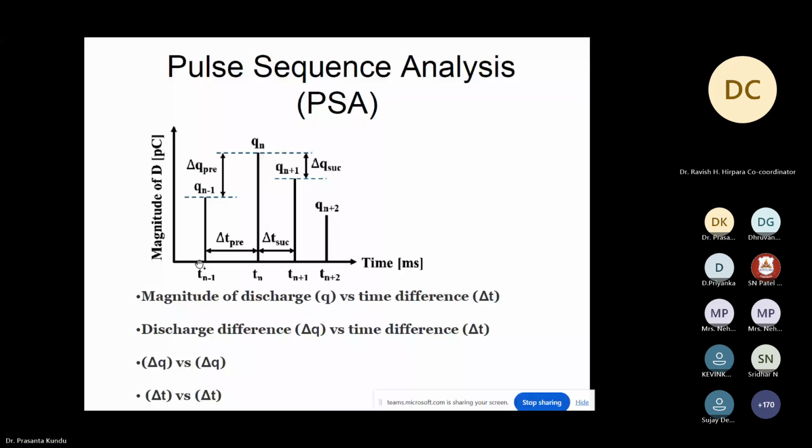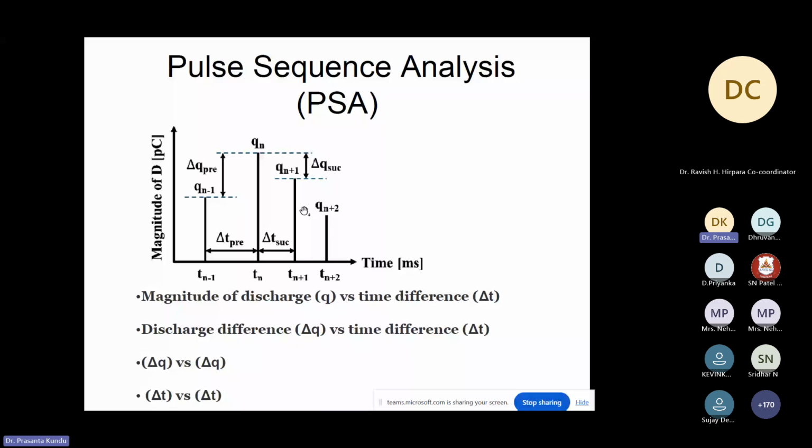Now, what is the time difference between two consecutive pulses? That is delta T pre, we take it. This is the nth instant we are analyzing. What is the previous pulse magnitude, and what is the difference, delta P pre and successive?